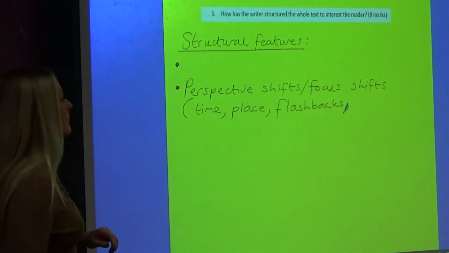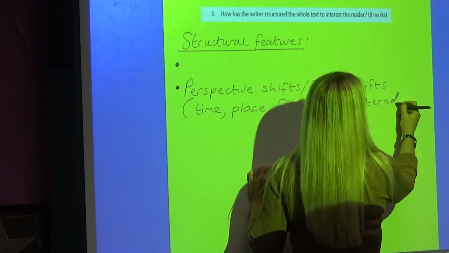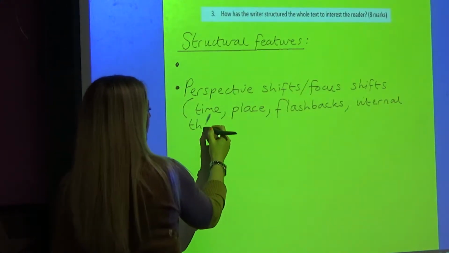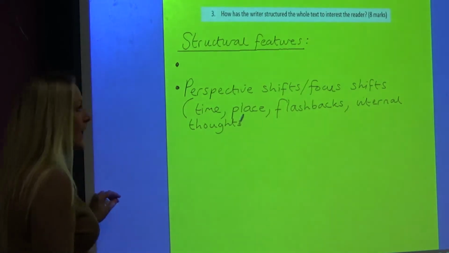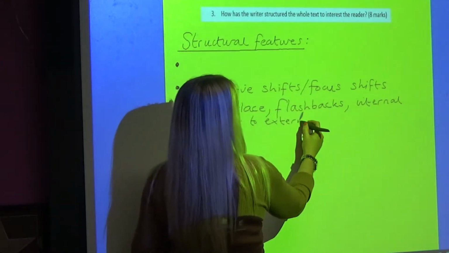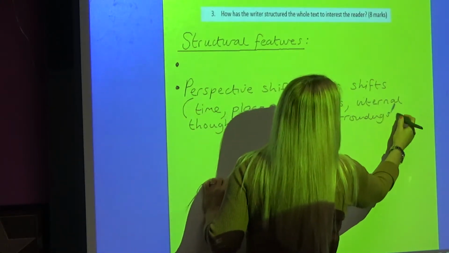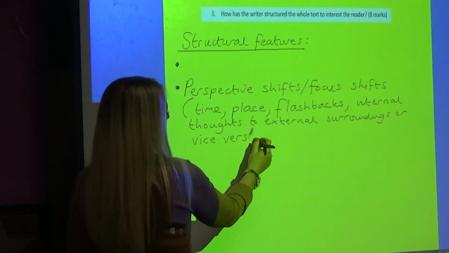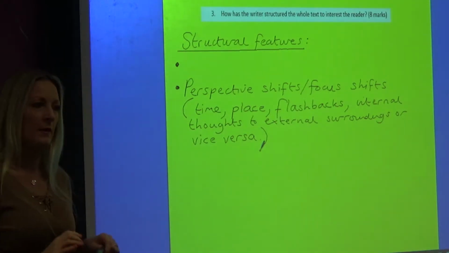Internal, external. Excellent, okay, so they've asked us to guide pupils to look for where there is a shift from the internal thoughts of the narrator, of the protagonist in the extract, to external surroundings. Or vice versa, so it can be external surroundings to internal thoughts.